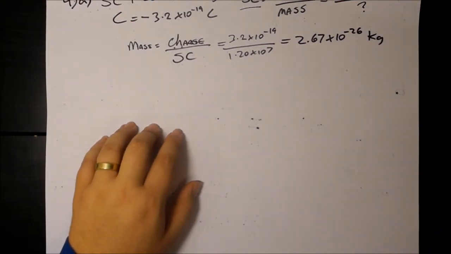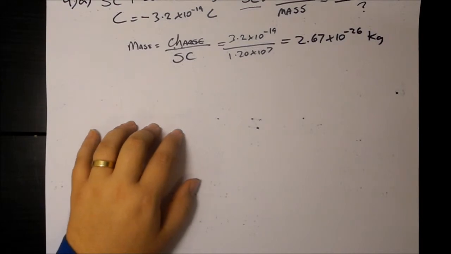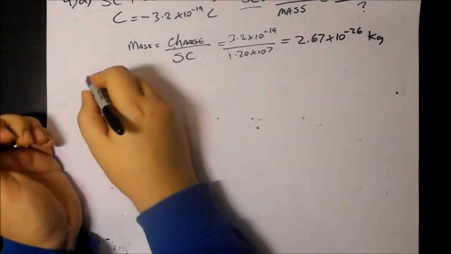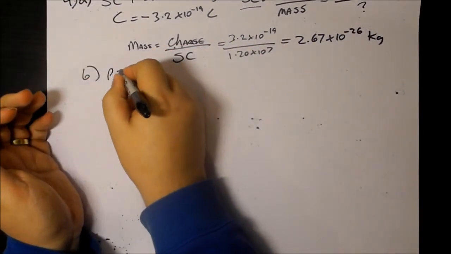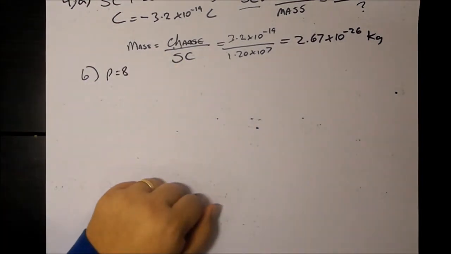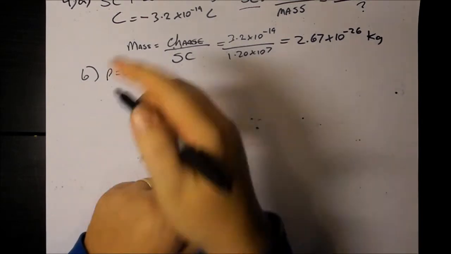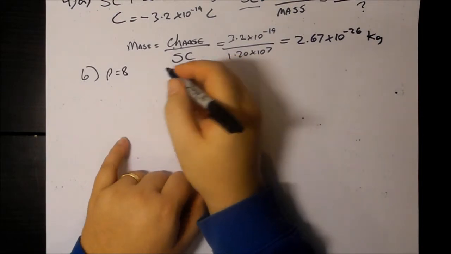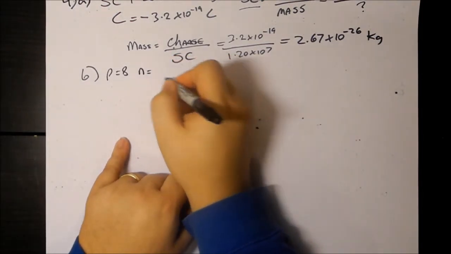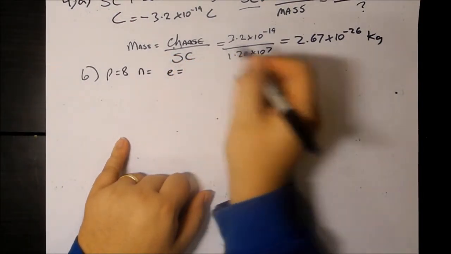Part B says the ion has 8 protons in the nucleus. How many neutrons and how many electrons does it have? Well, we want neutrons and we want electrons.